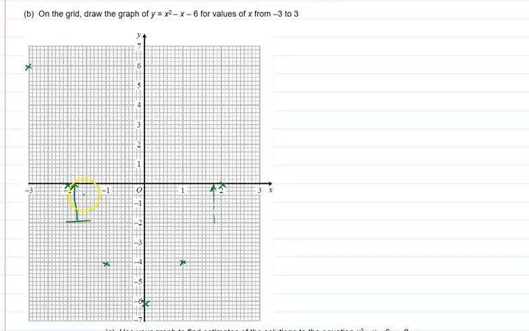One minute, let me draw it again. Sorry. Here. So this is 2.6. So this value will be 2.6.